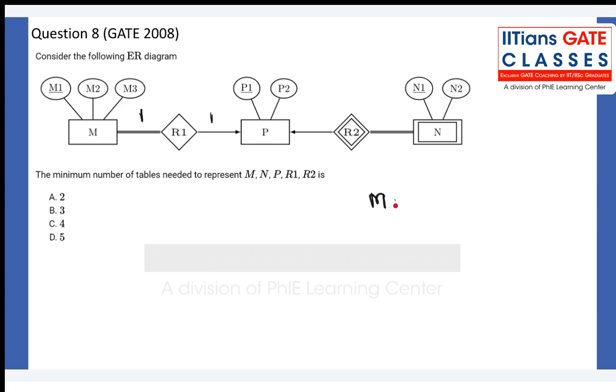There is a primary key M1, two other simple attributes M2 and M3, and a foreign key P1. Is this part clear, everyone? What should be the attributes of P?